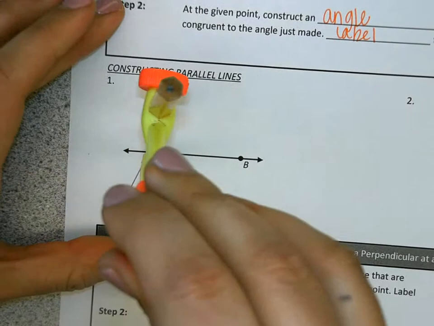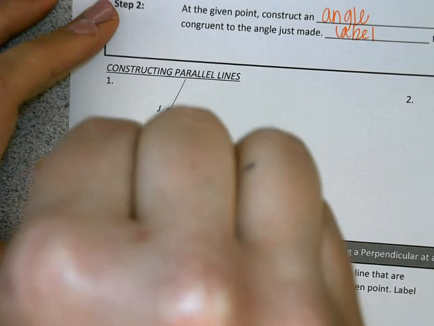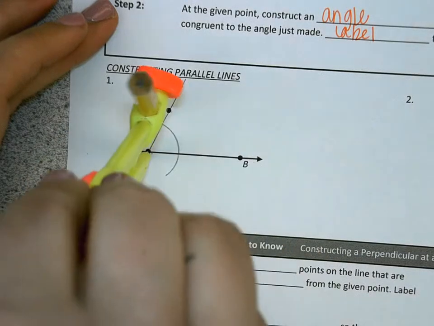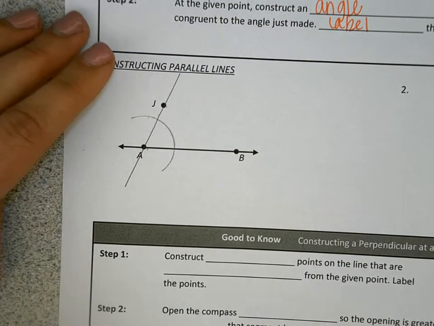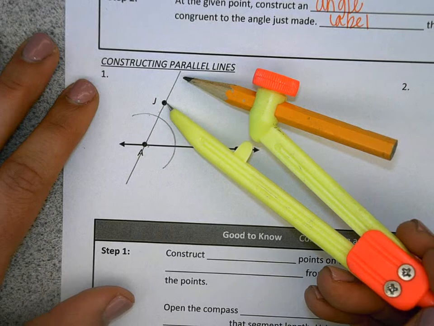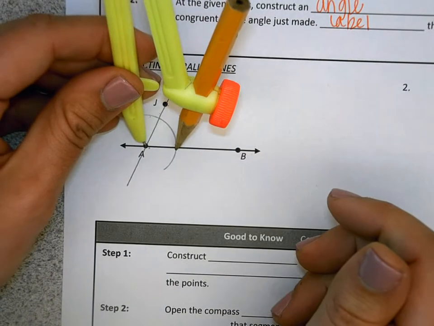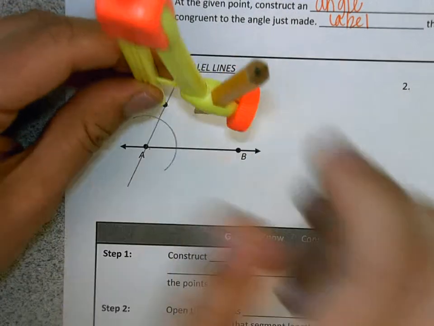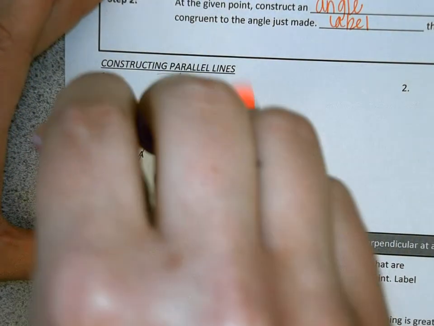Make sure that it's smaller than where point J is, and draw an arc that intersects both lines through A. And then you're going to draw the same arc through point J. So using the same compass setting, take your compass and go straight up to J and make the exact same arc.